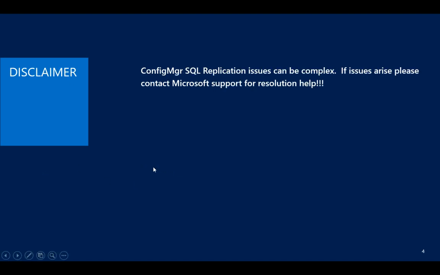In terms of the disclaimer, Config Manager 2012 highly relies on Config Manager SQL Replication in a hierarchy, right? If you have a standalone primary site, there really is no Config Manager SQL Replication. There are no sites to replicate to. For hierarchies, Config Manager SQL Replication can be complex. This session is going to show you how to deal with Config Manager SQL Replication, how it works, and how to troubleshoot it.